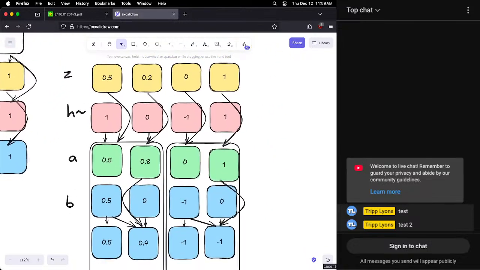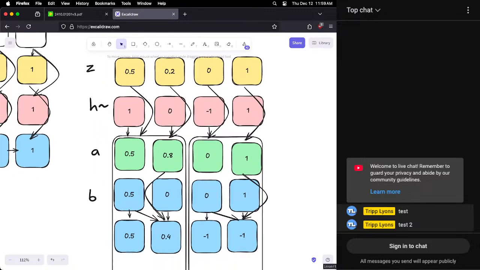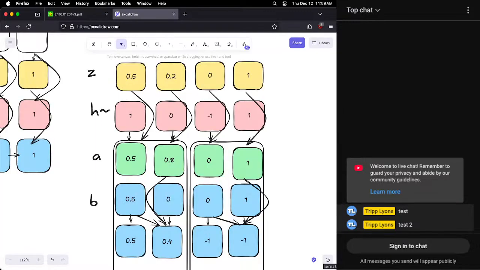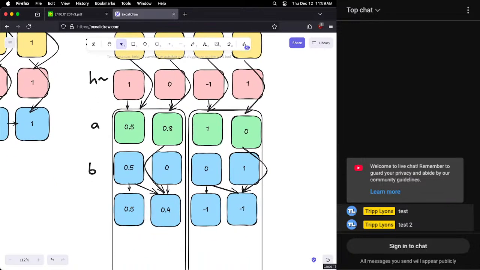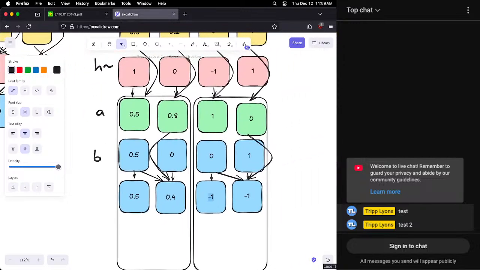Okay, 0 times H, then this is A is 1 minus Z, so it's gonna be 1, 0. Okay, so now we have a more interesting example. We get, okay, yep, 0.